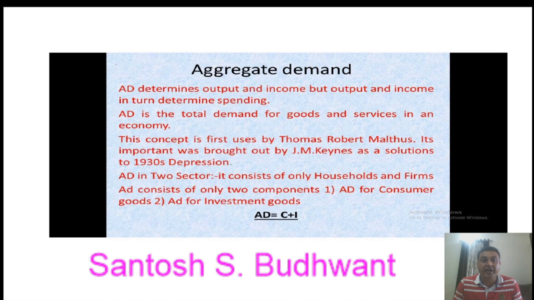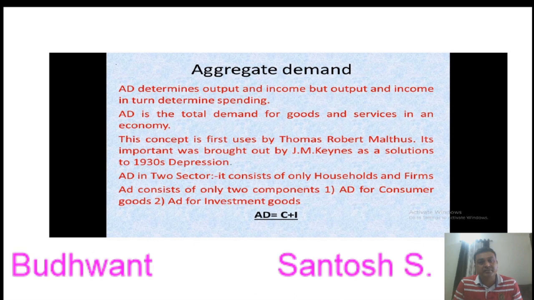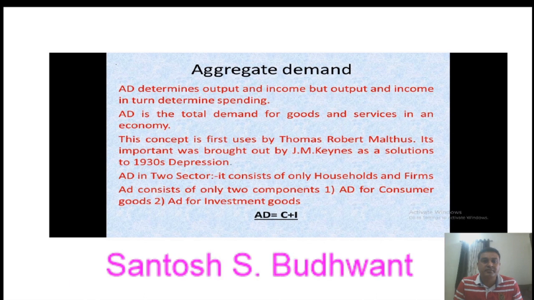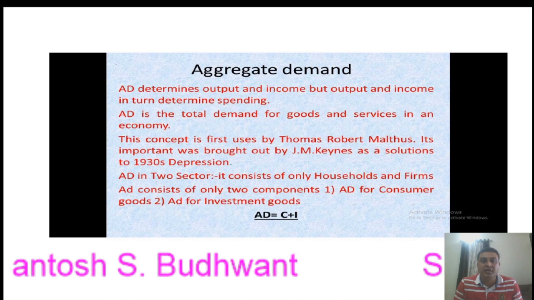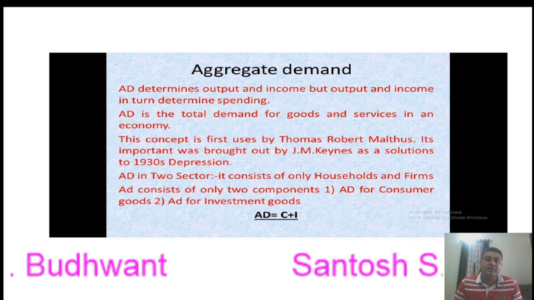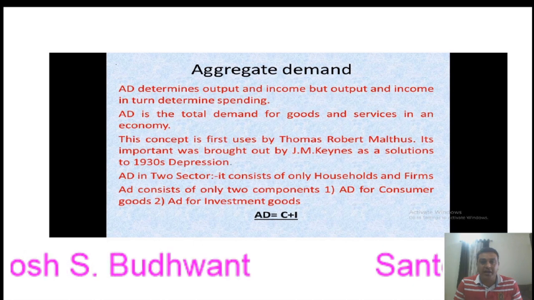But what is aggregate demand? Aggregate demand determines output and income, but output and income in turn determine spending. Aggregate demand is the total demand for goods and services in an economy.